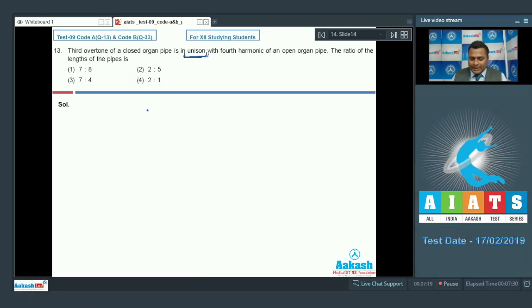We know very well for an open organ pipe, the fourth harmonic frequency will be given as F open.